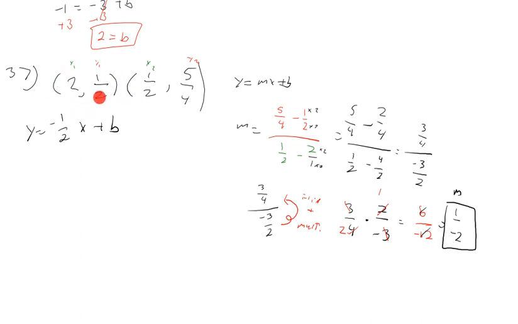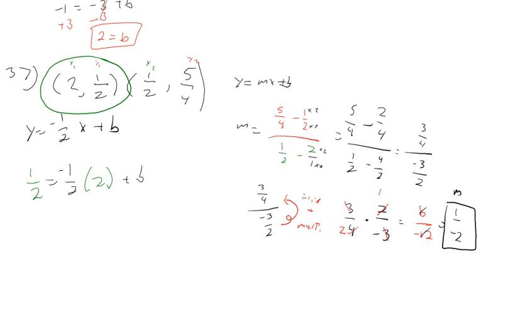So I'm going to plug this x and y into my equation. I plug this point in: 1/2 equals negative 1/2 times my x, which is 2, plus b. Okay. Got to simplify.